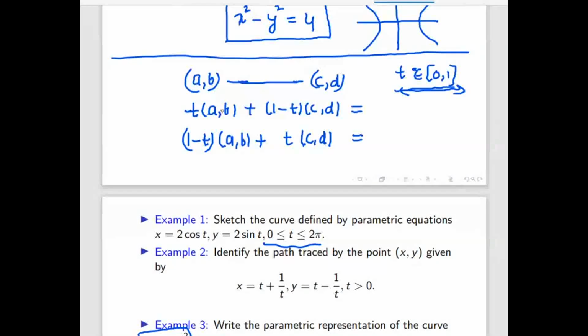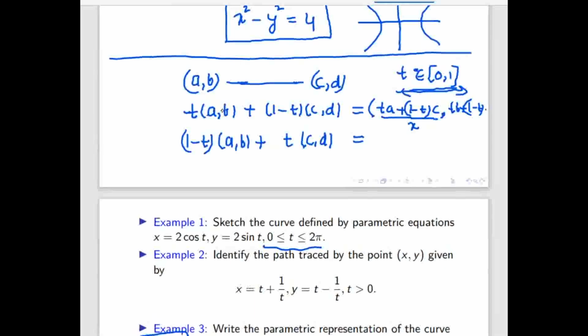So if we simplify this a little bit, it will give tA plus 1 minus t times C. This is the value of x. This is the parametric equation. Similarly, we can write y, that will give tB plus 1 minus t times D. This is y.